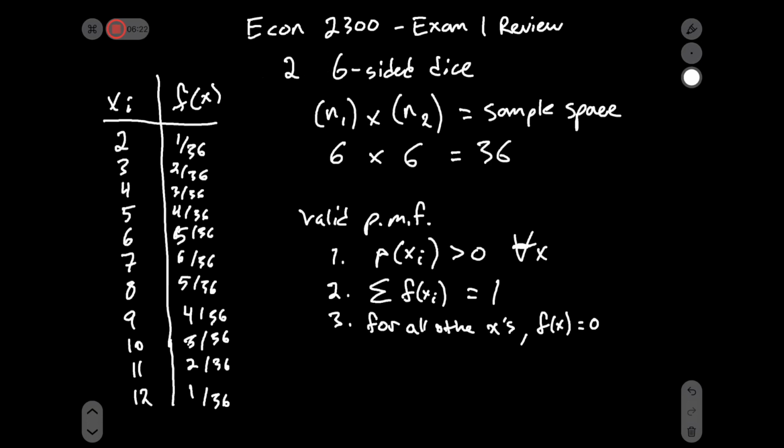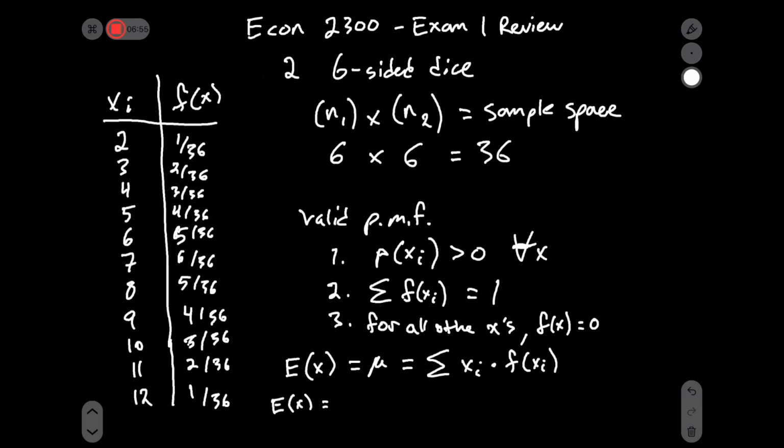Okay, so we're going to find the expected value of x, which is equal to mu, which is also equal to the sum of all of our xi's times the corresponding probability. So in this case, we're multiplying to find the mean, the expected value of x.